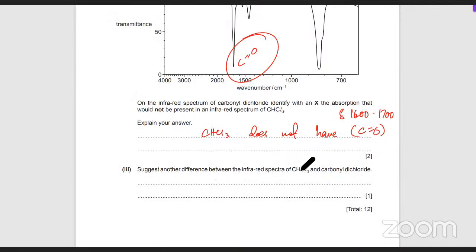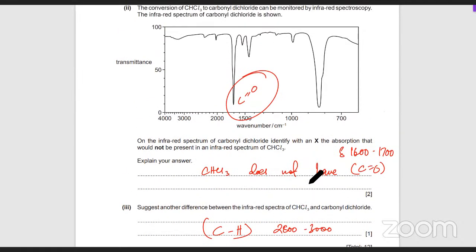Suggest another difference between the infrared spectra. और क्या difference होगा? CH का bond होगा. This is somewhere around 2800 to 3000. Like CHCl3 will have that.